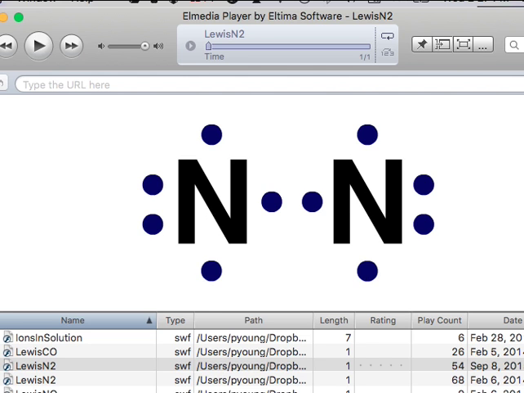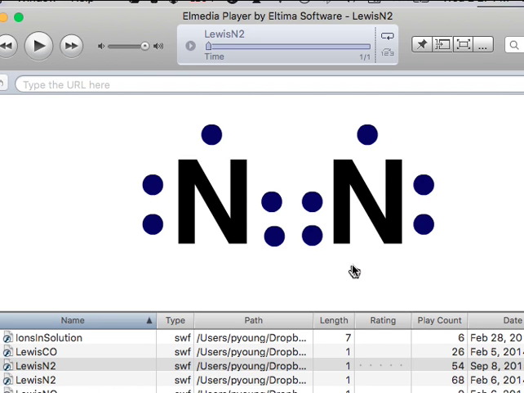Remember, we want to shoot for 8. But in a case like this, we can remedy that by moving some of these electrons. Let's move this up to here. And move this guy up to here. Now, if we share 2 sets of electrons, this nitrogen would have 2, 4, 6, 7 electrons, and so would this one.